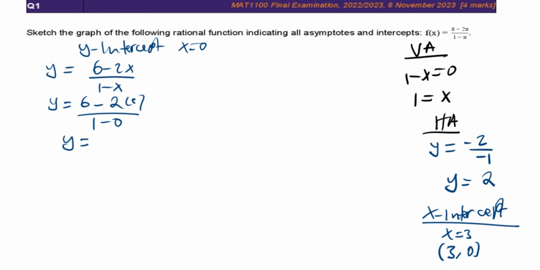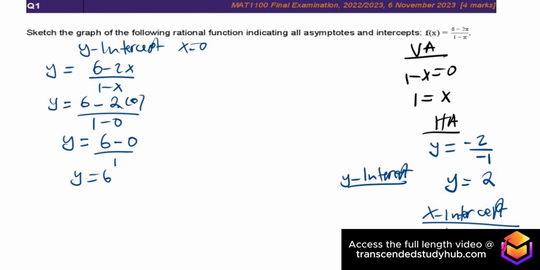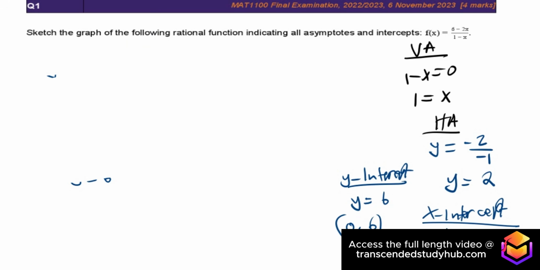So y will be equal to 6 minus 0, because 2 times 0 is 0. We divide by 1, so y will be equal to 6. So the y-intercept is y equals 6. So when x is 0, y is 6. We leave it there. Now we can sketch the graph.